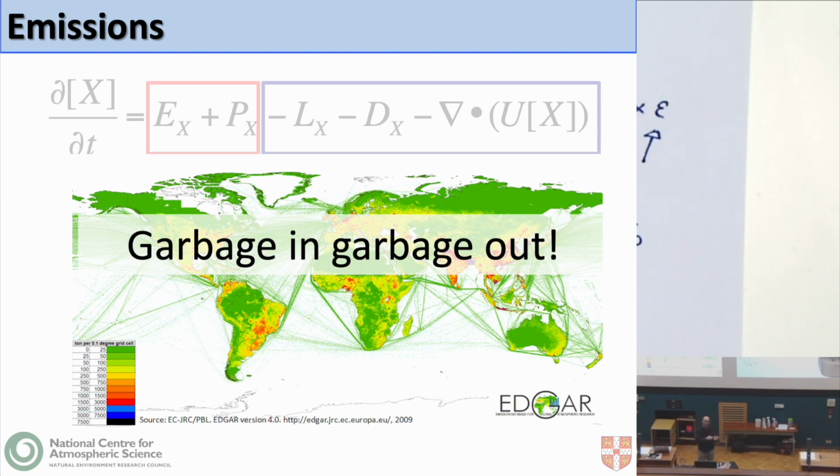So most of the chemistry results from emissions of precursors. So if you put in bad emissions data, then there's no way, given all that complexity of the chemical reactions, that you're going to actually simulate anything that looks good. If it does look good, you've got to ask yourself, why?